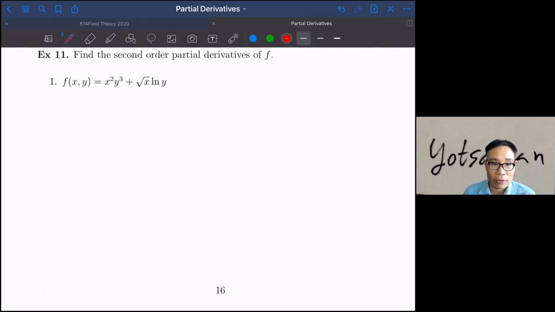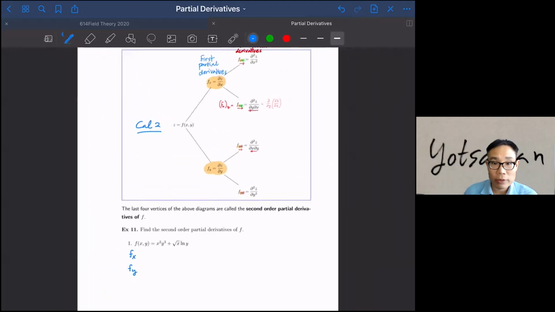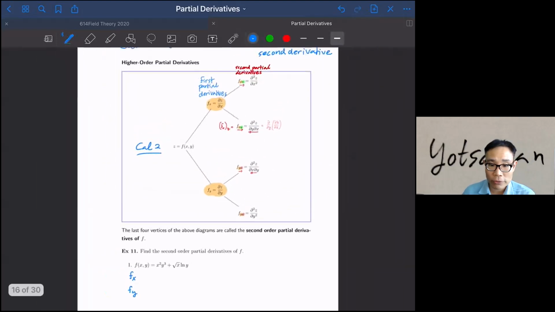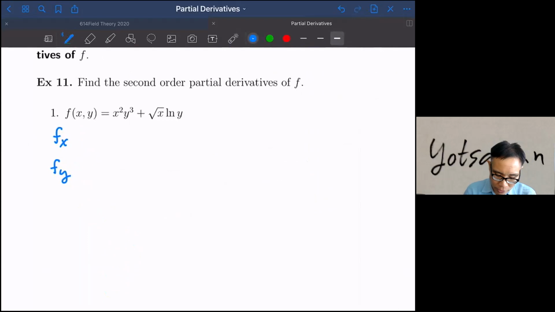So you have f(x,y) equal to x squared y to the third plus root x log y. We're going to find fx and fy first. In order to find second order partial derivatives, we just need the first order. Let's find the first order first. So you have fx and fy.